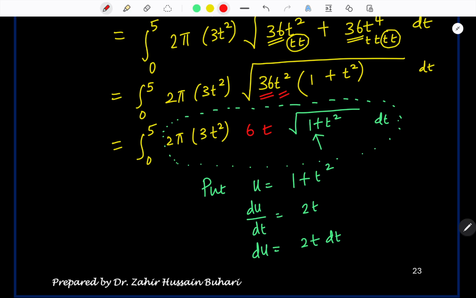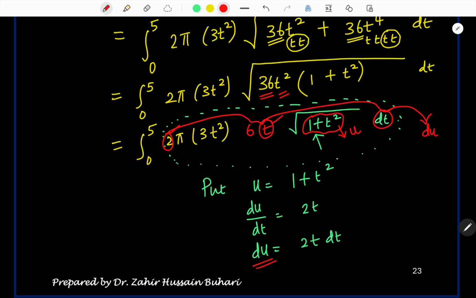Okay, let's start now. What are the things we are converting? We have 2, we have t, and we have dt. So let me plug in 2 and t and dt. All these things together we can call du. So this is finished, right? And 1 plus t square is equal to what? u.